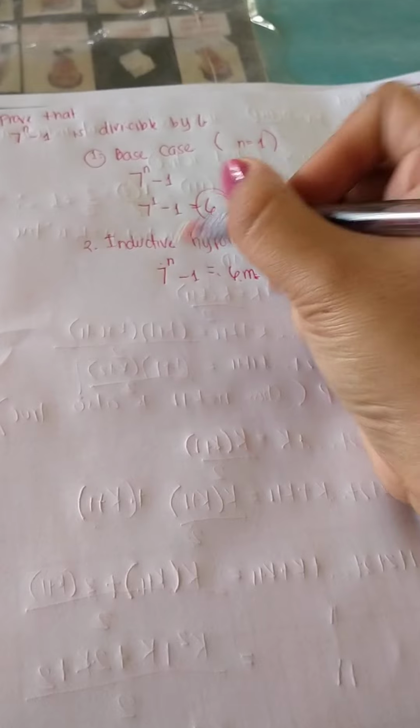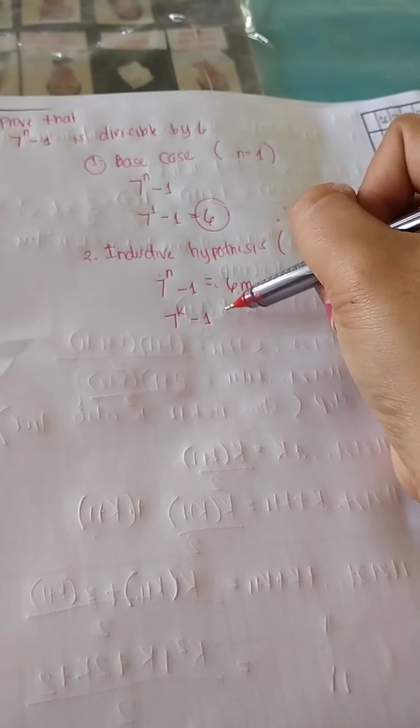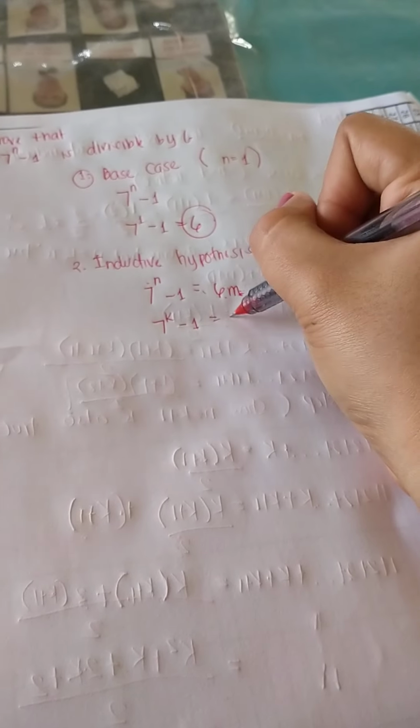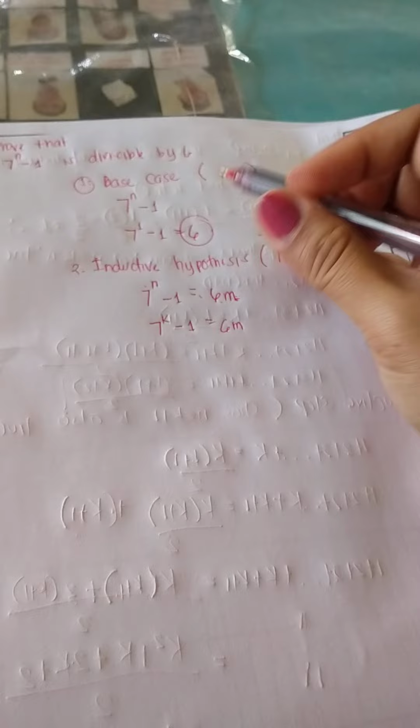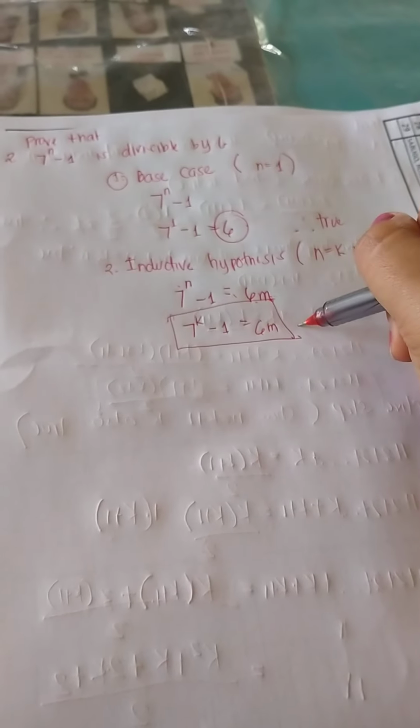So next, n equals k is true. So 7 to the power of k minus 1 equals, substituting n with k, 6m. So, we assume this is true for some integer.